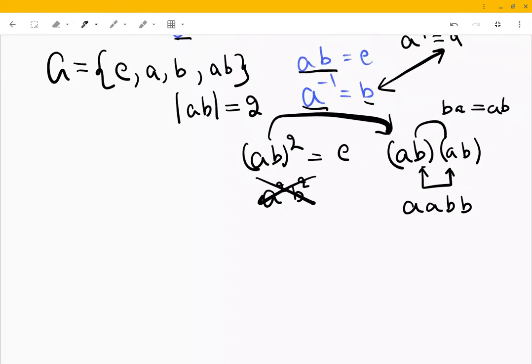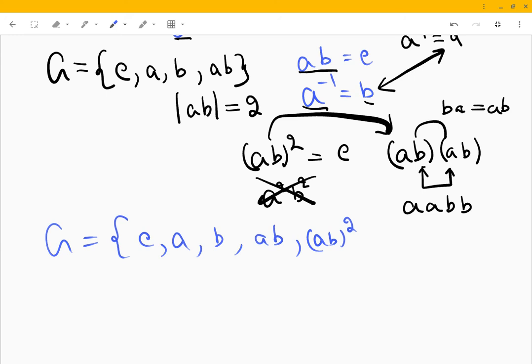Now, another thing I said was that if they are not odd, then they are exactly half. What does that mean? It means that, say, E is there, A, B, and let's say the order of AB is not 2. That means AB square is another element in the group.